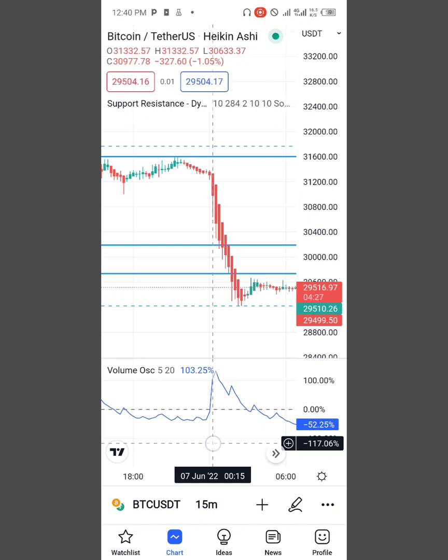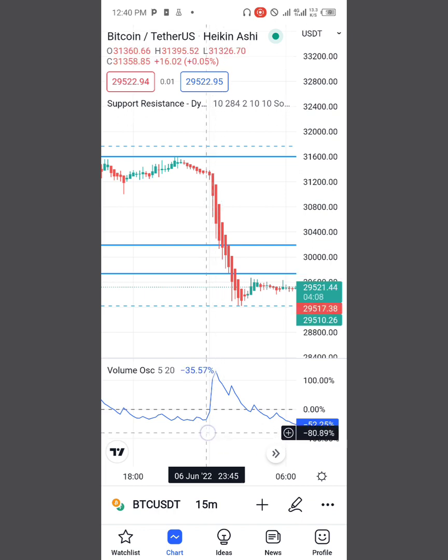For those of you who do not understand how price action works, when the volume oscillator is rapidly increasing and the price of an asset is falling, you can say the downtrend is very strong.